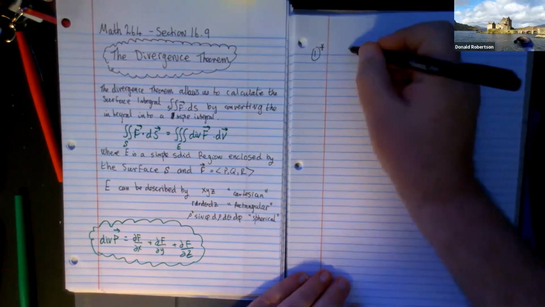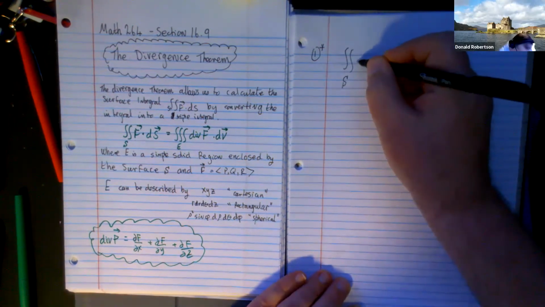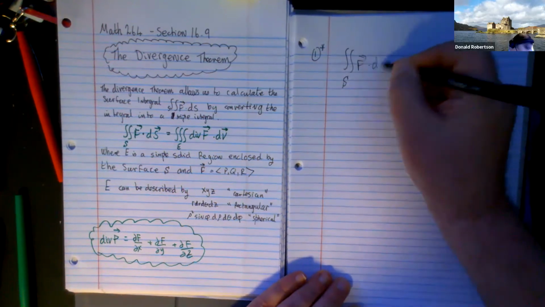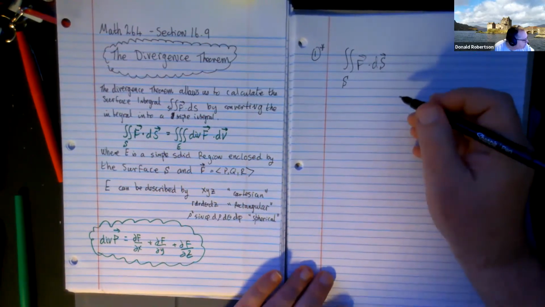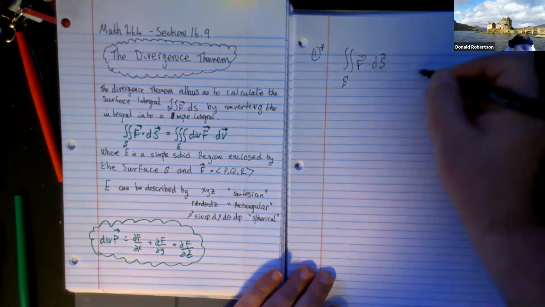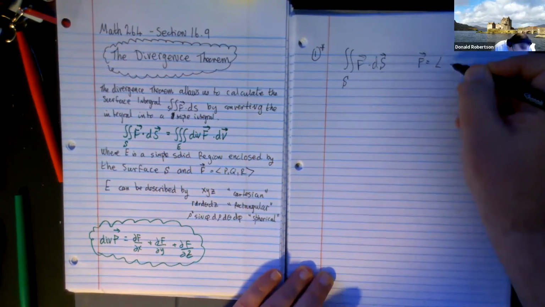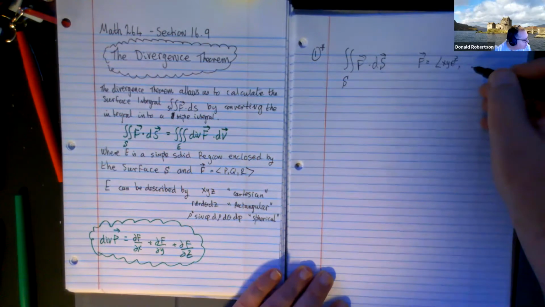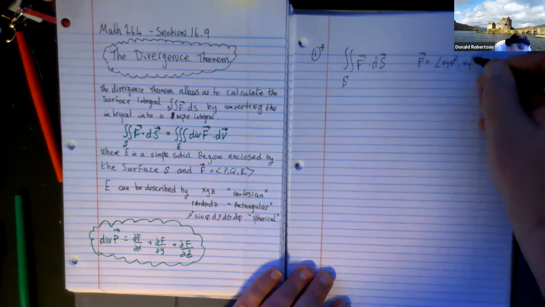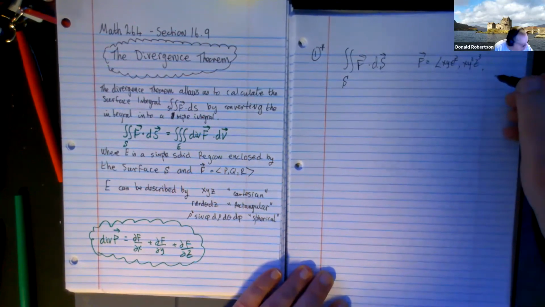So in this one, we're being asked to find, as every question is going to be, that surface integral. And we are told that our vector function F is x y e to the z, x y squared z cubed, and negative y e to the z.